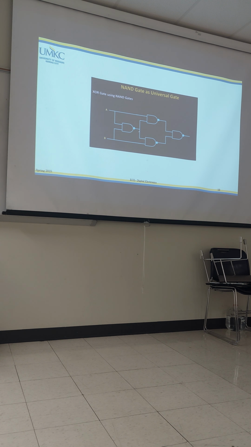Then by using the distributive law, this same expression I can write this way. For example, if it is A plus BC, we can write this as A plus B into A plus C. We can write this way also.